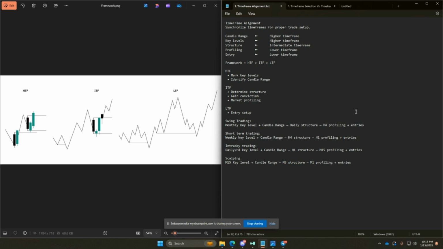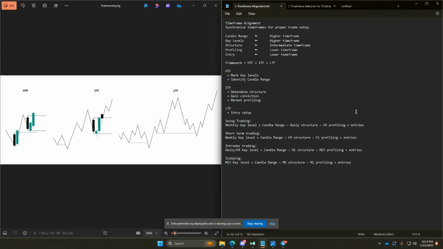The process will stay the same regardless of the type of trade you're taking. It's HTF, ITF, and then LTF.